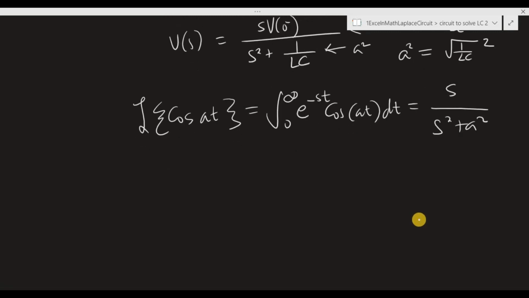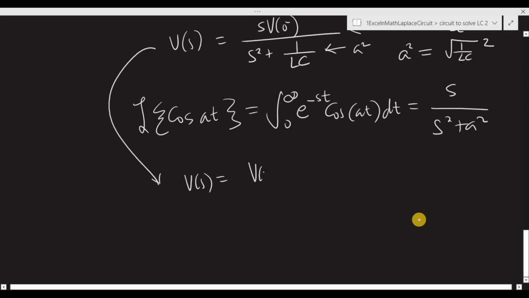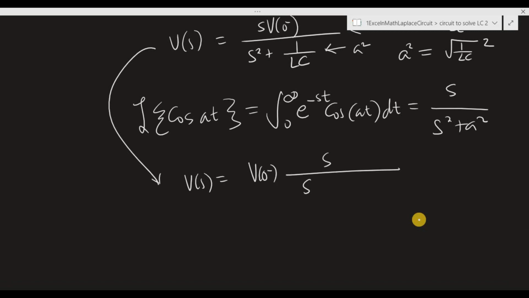Okay, now rewriting this equation, we have V of S equals V0 minus multiplied by s over s squared plus the square of the square root of 1 over LC. Now I can apply this formula into this equation.